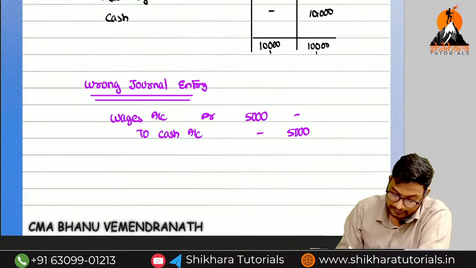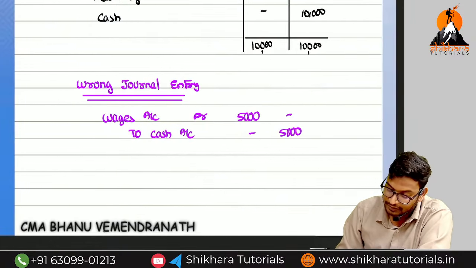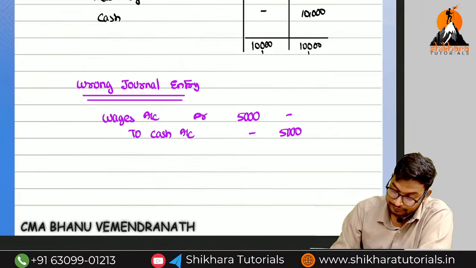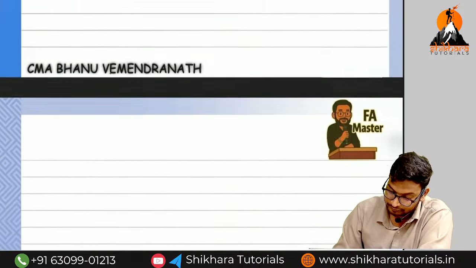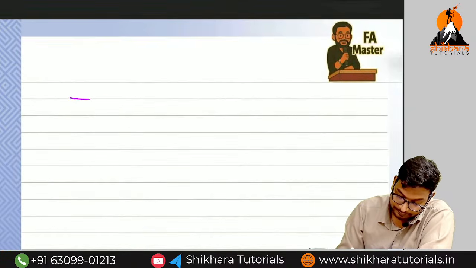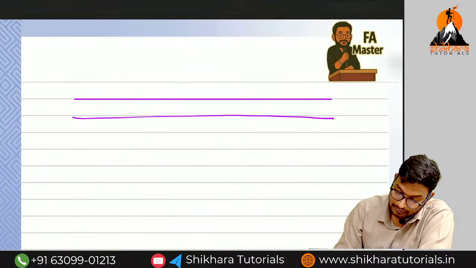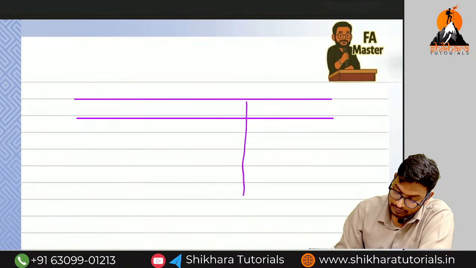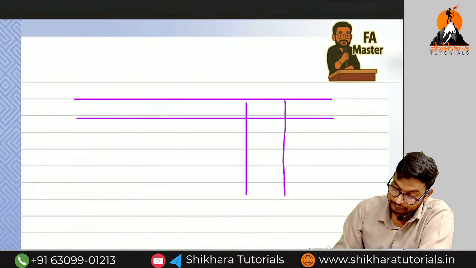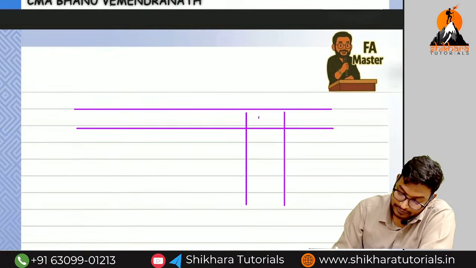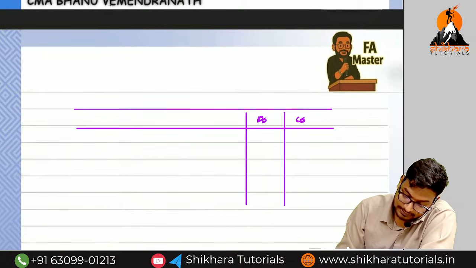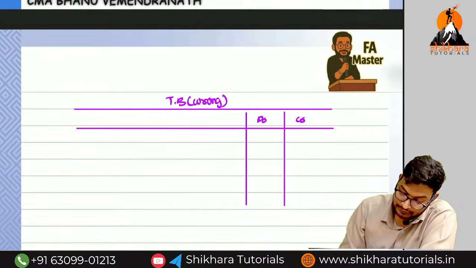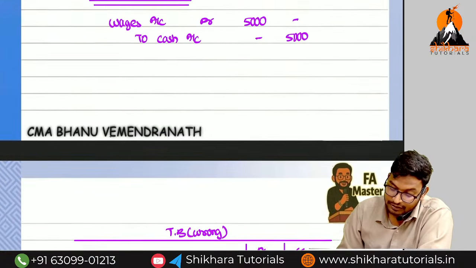So what is the trial balance you are going to prepare now? So simple, ma. So DR and CR, this is a trial balance, the wrong one. So wages should be on which side, ma?